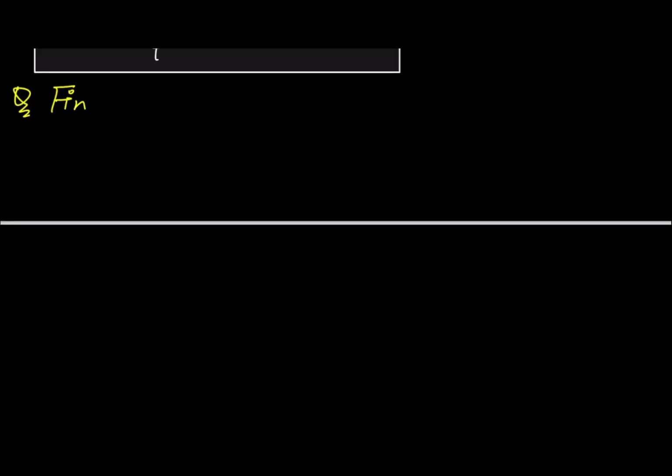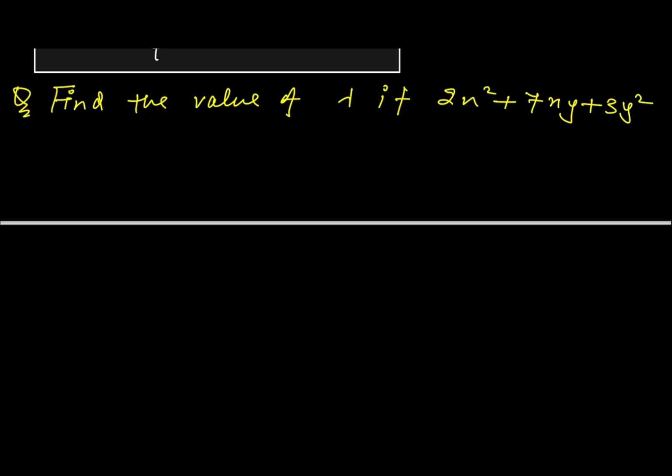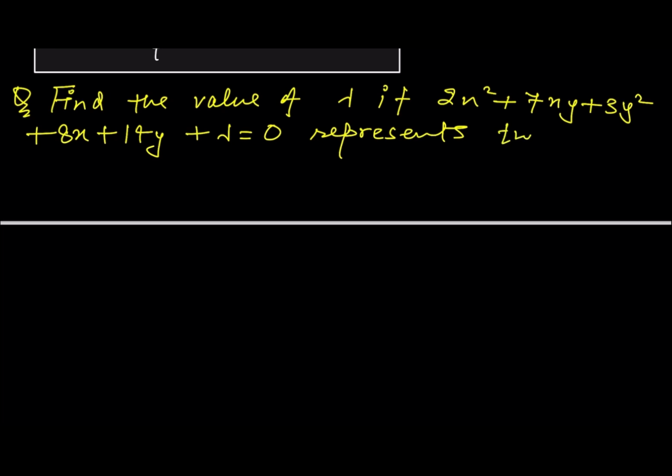Next question is: find the value of lambda if 2x square plus 7xy plus 3y square plus 8x plus 14y plus lambda is equal to 0 represents two straight lines.